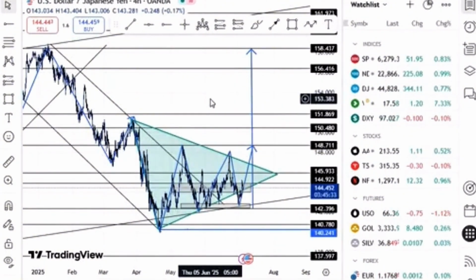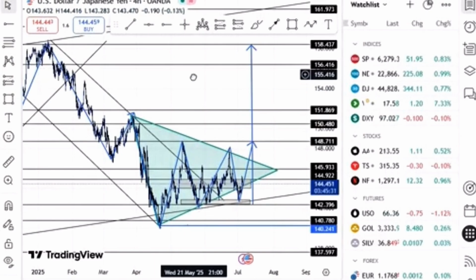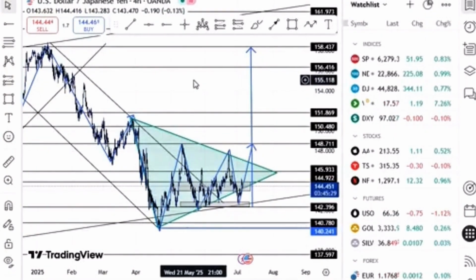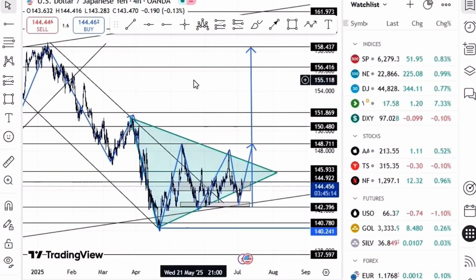So looking at this, we now know that it has to shoot to the upside, whether it likes it or not, because it should respect what it's respecting and what it is showing us.